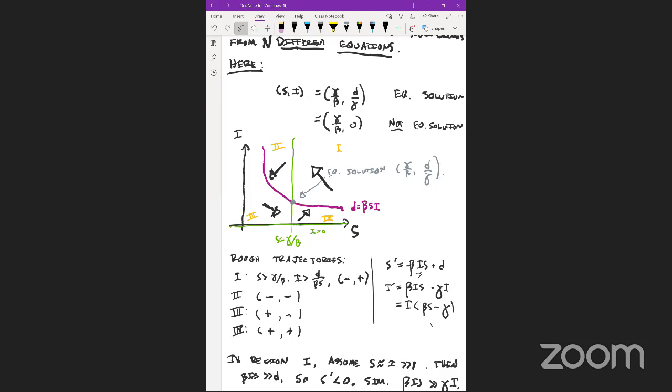This picture could be a sink, where all trajectories are kind of falling into this thing. It could also not be. It could also be a spiral, something like that.